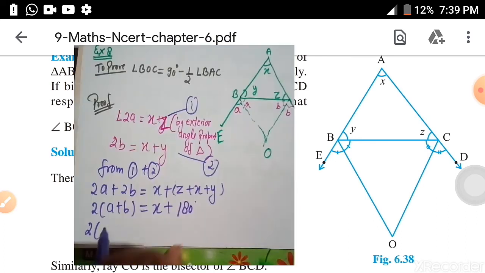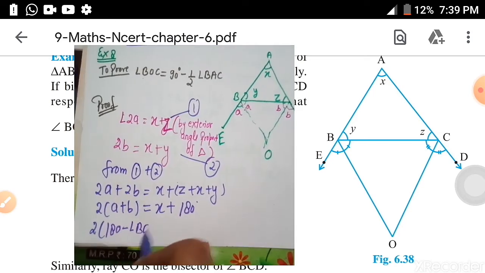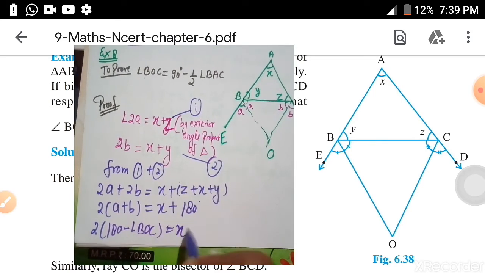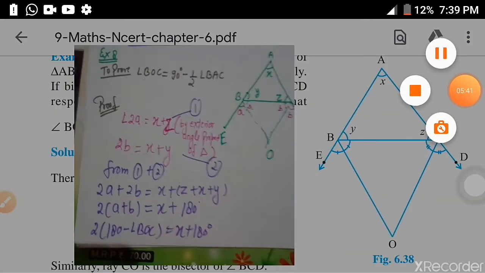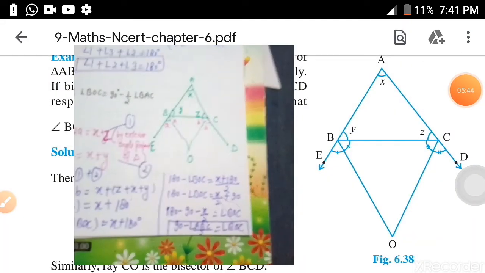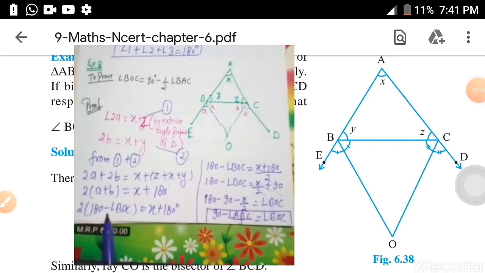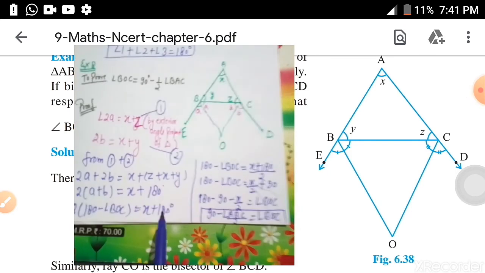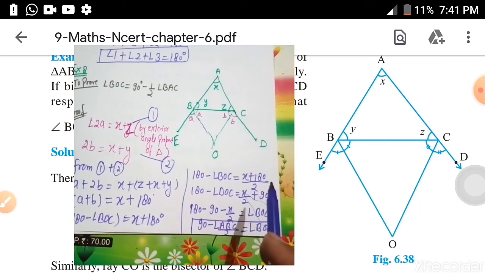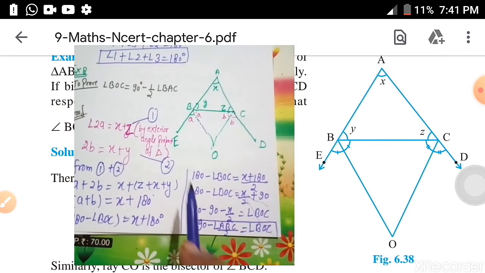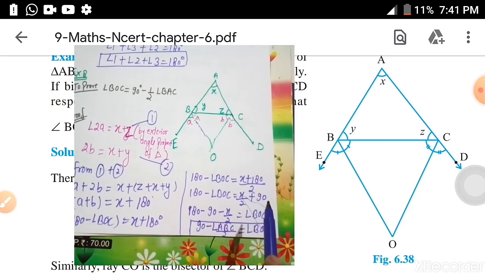So in place of A plus B, we can write 2 multiplied by (180 minus BOC) is equal to X plus 180 degrees. Now 2 moves to the other side, and 180 minus BOC is equal to X by 2 plus 180 upon 2, that is 90 degrees.